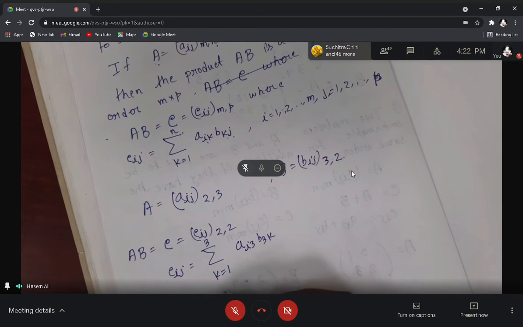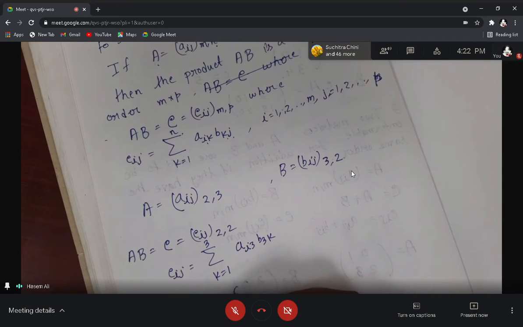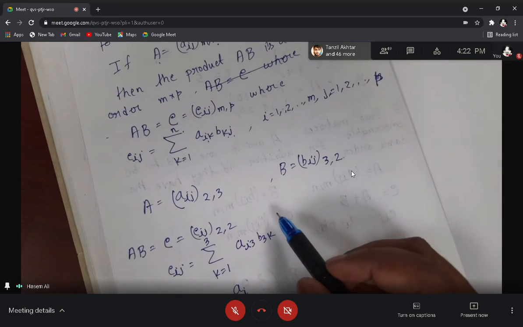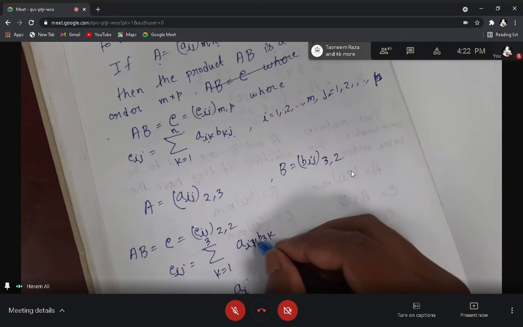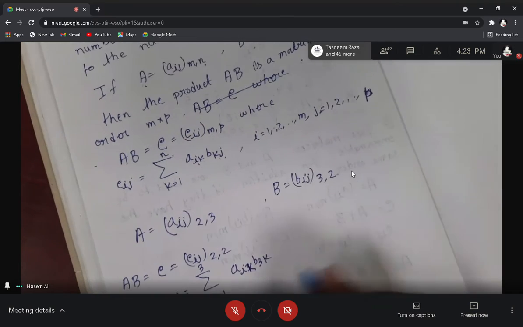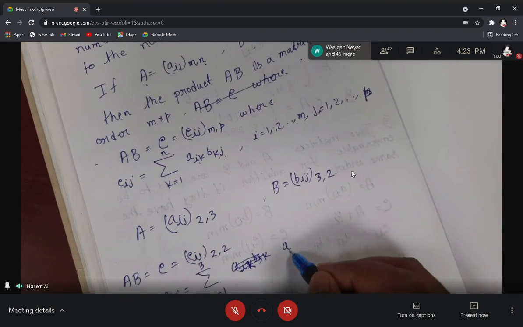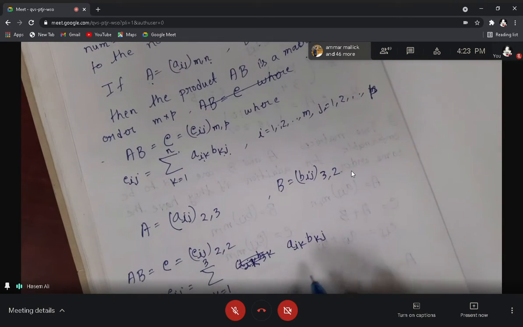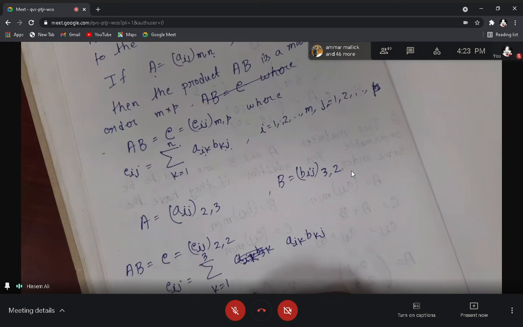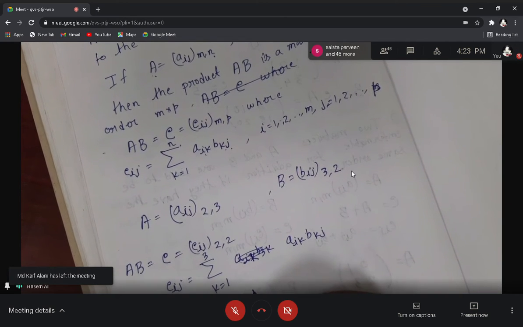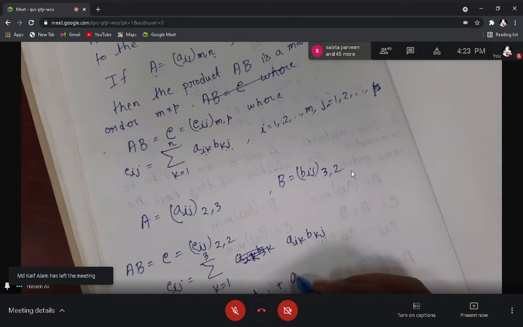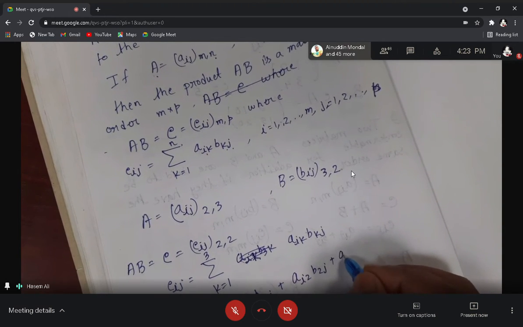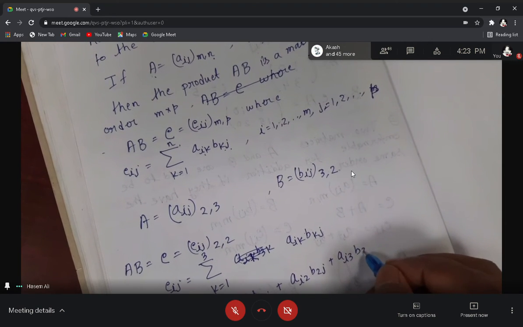Now expanding the summation, this will be ai1 b1j plus ai2 b2j plus ai3 b3j.